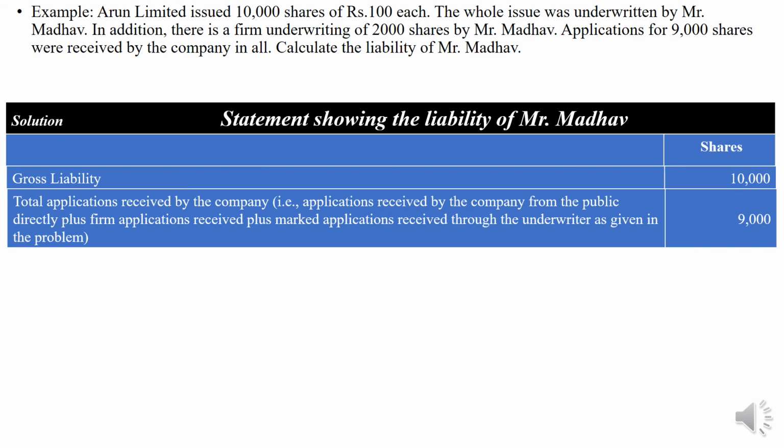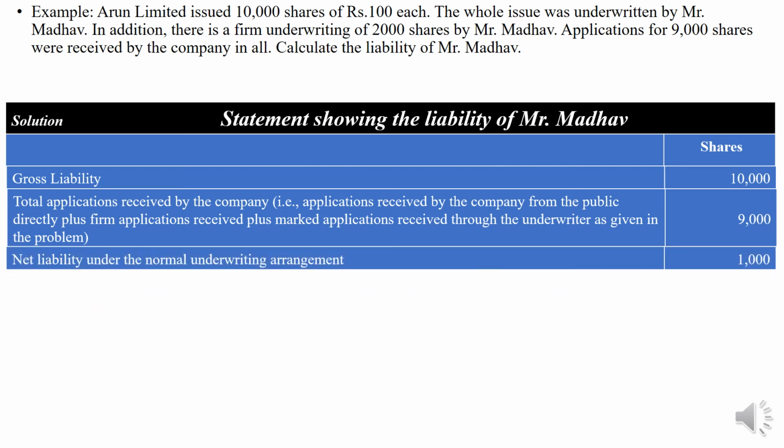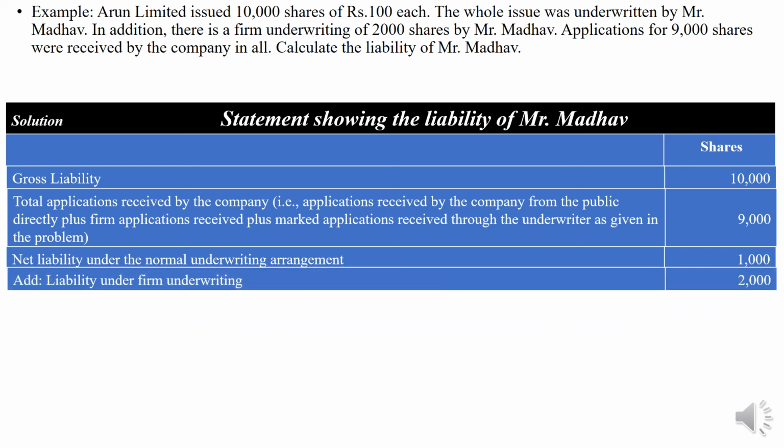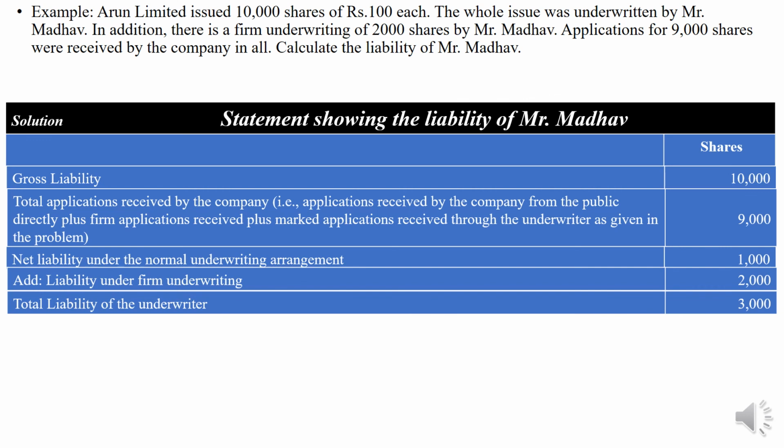All are supposed to be deducted. 9,000 is deducted here, so that we get a net liability of the underwriter under the normal underwriting arrangement, which is 1,000. Then for that we have to add the liability under firm underwriting. What is the liability under firm underwriting? It is 2,000. After adding this, we get the total liability of the underwriter, which is 3,000.